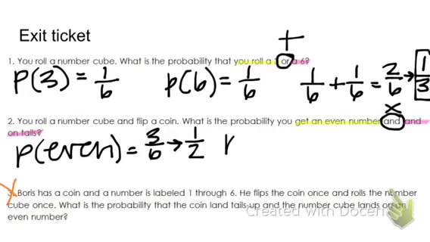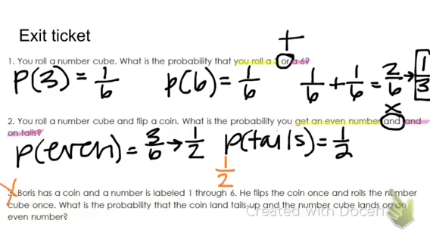And then we need to find the probability of tails, which is also 1/2. And then since we have our keyword and, we're going to multiply them. So you have 1/2 times 1/2, which equals 1/4.